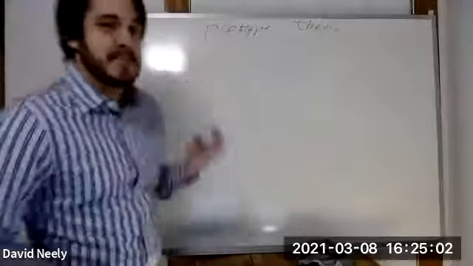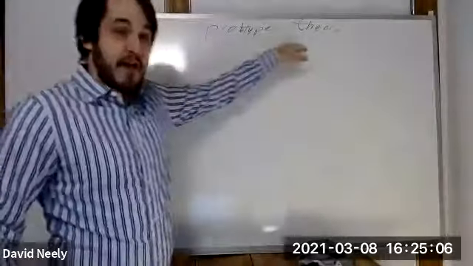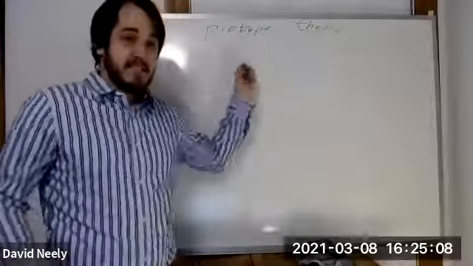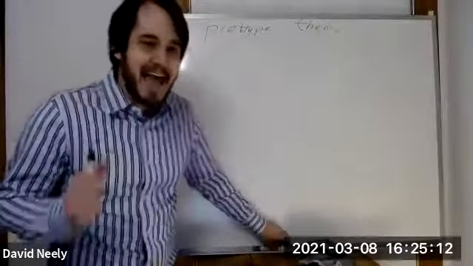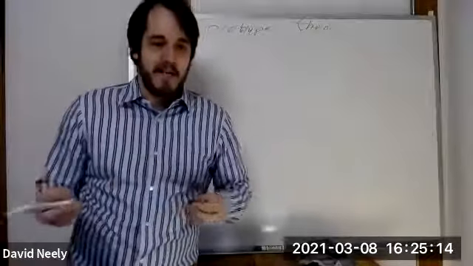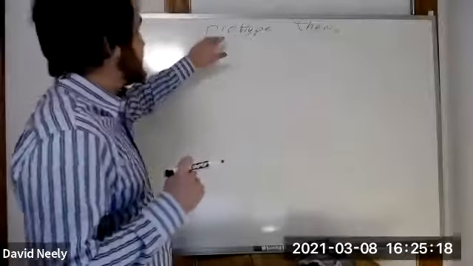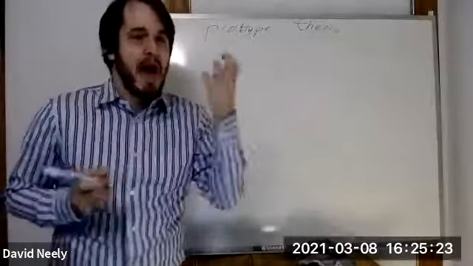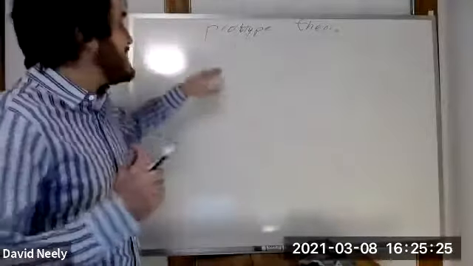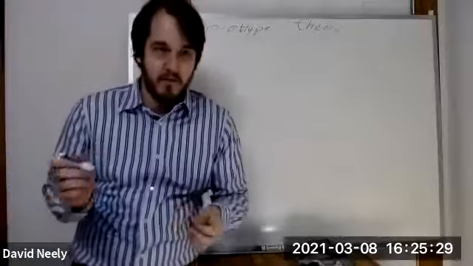So the prototype is something which captures all the key features of everything else that follows or everything else that's inspired by it, but it's not necessarily the exact same as all the ones that come later. So in the same way, a prototype theory says what our concepts are kind of like the rough draft or the core idea, but they're not necessarily going to share all their properties with every sort of thing.